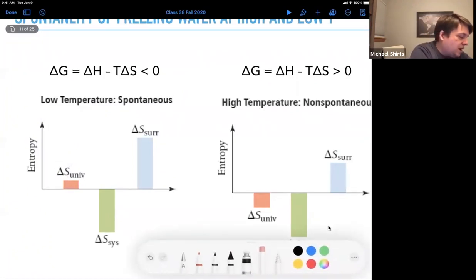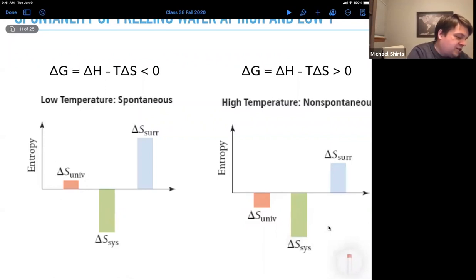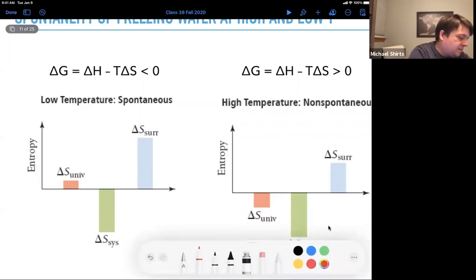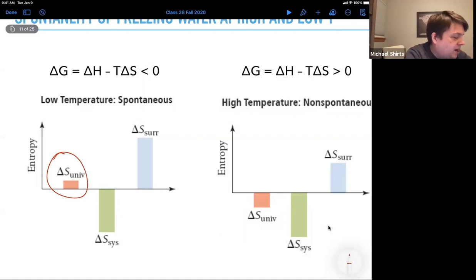And what about the change in entropy of the system? Well, the water is ordering, so it's negative, a decrease in entropy. But the change in entropy of the surroundings is greater than 0 because it's an exothermic process, and we're transferring heat into the environment.